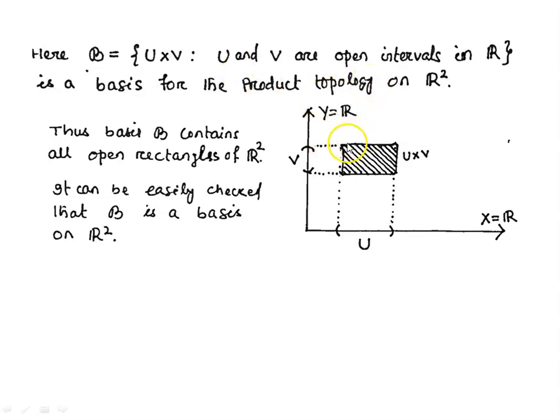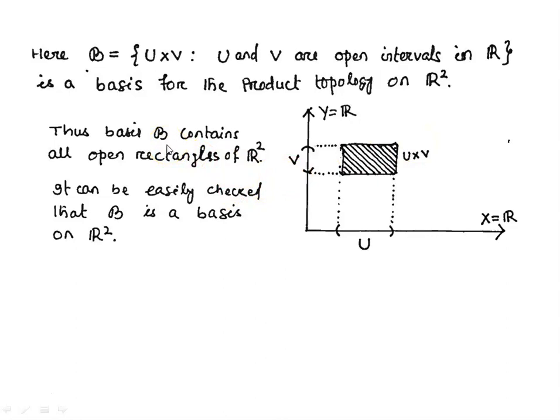Let us consider two basis elements which intersect with each other. That means we have two rectangles which are intersecting with each other. If we take any point in the intersection of two rectangles, then we can find another smaller rectangle which contains that point, and that smaller rectangle is a subset of the intersection of the two bigger rectangles.